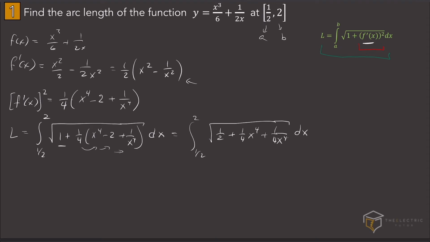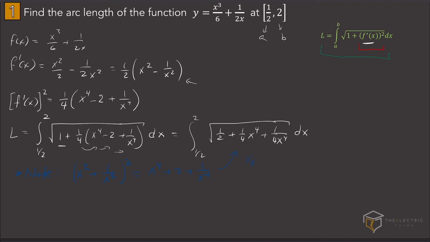I want to make a small note here. Note that x squared plus 1 over x squared, when we square it, we get x to the 4th plus 2 plus 1 over x to the 4th, which is literally the same thing over here if we factor out a 1/4.